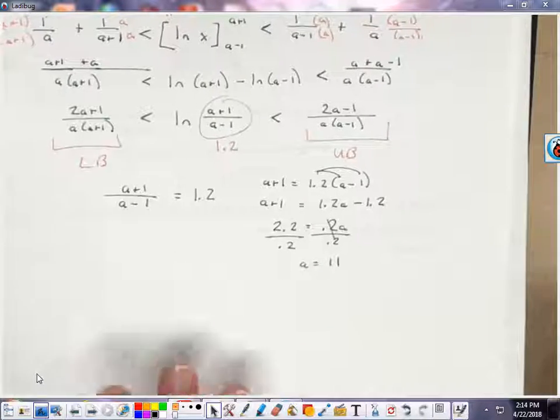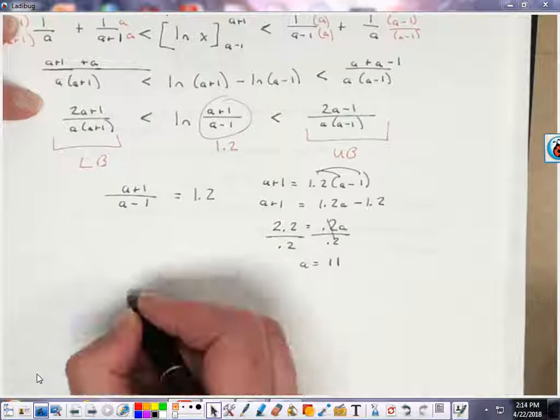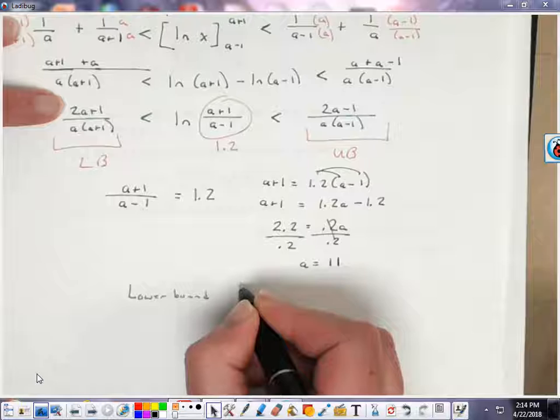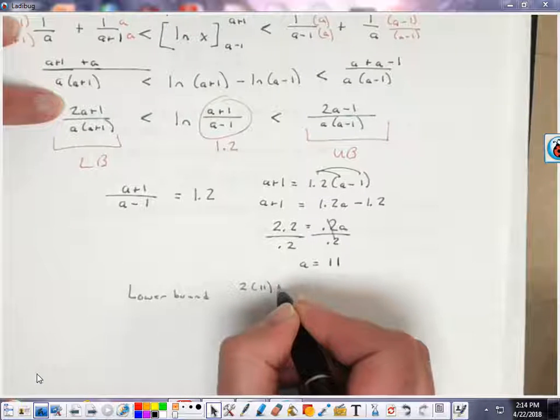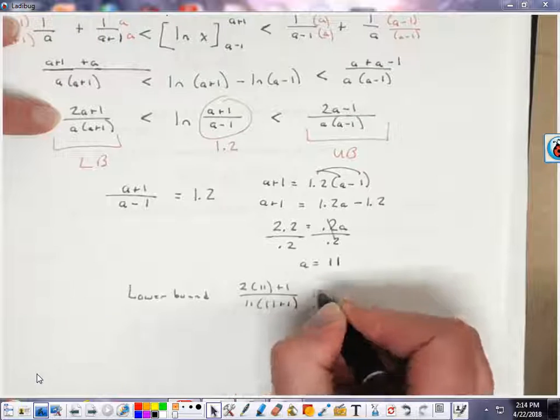Okay. And so then once you know that, just put 11 into your upper bound and your lower bound. So your lower bound would be 2 times 11 plus 1 over 11 times 11 plus 1.